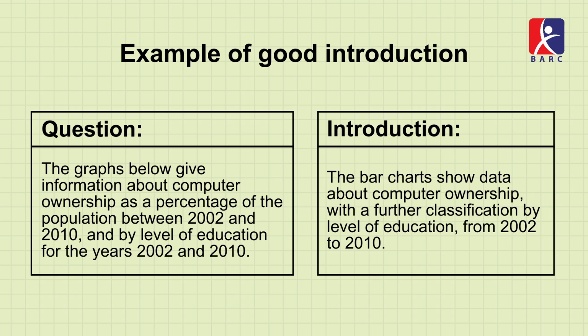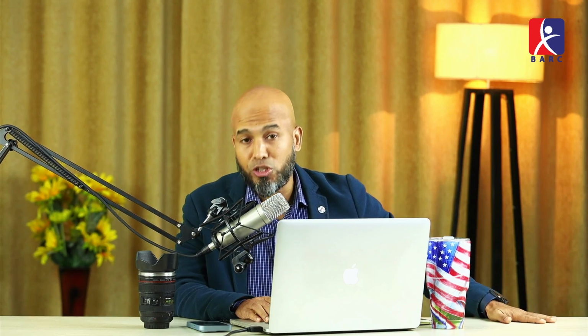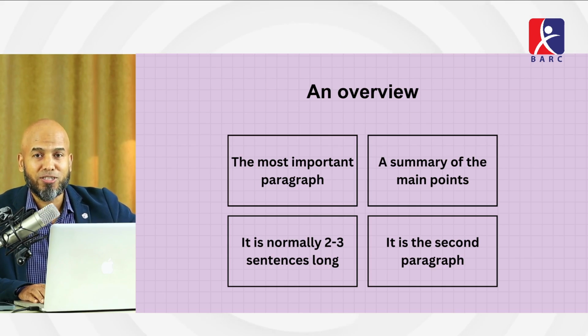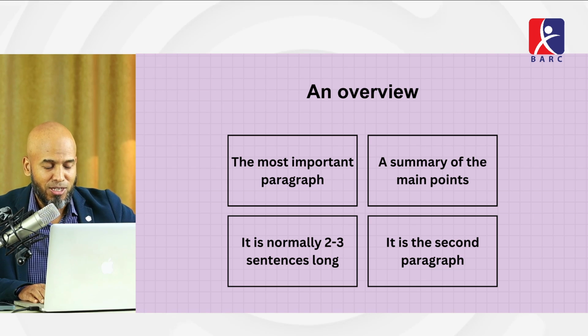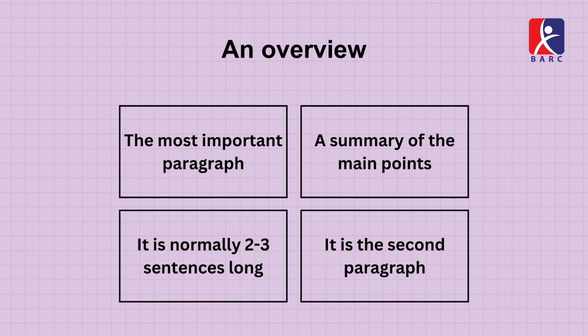But again, there are many ways. Let's learn the overview, which is actually the most important area for your writing task 1. Of course, that is the most important paragraph. The overview is simply a summary of the main, or I would say the most important points in a graph, chart, process, or map.